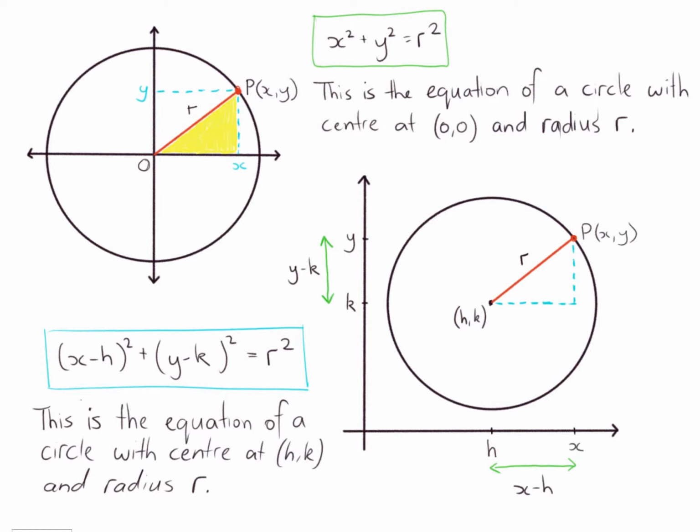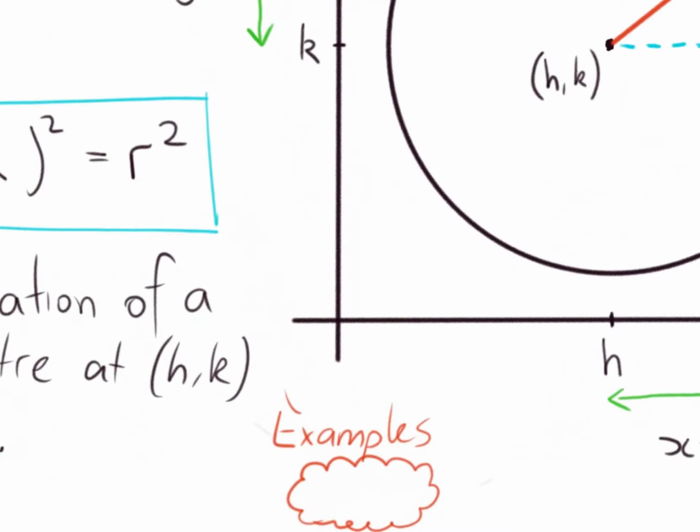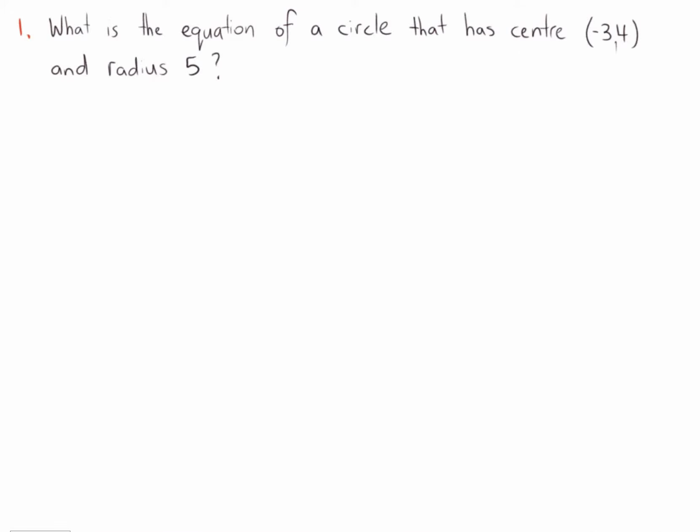Let's do two examples now to practice our skills on circles. What is the equation of a circle that has centre (-3, 4) and radius 5?